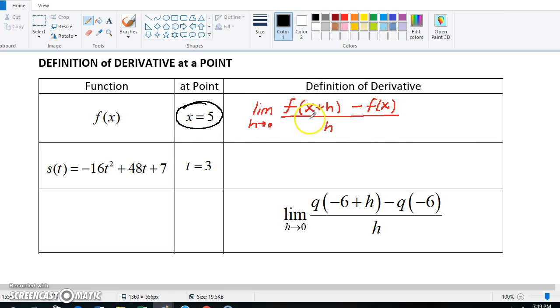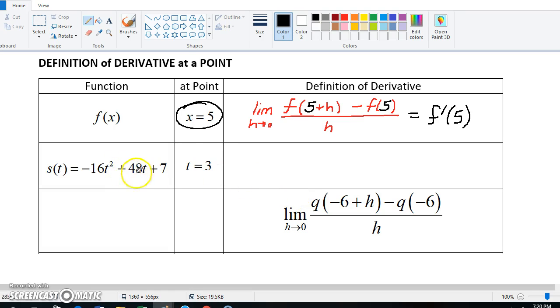So what's going to change about this story? We're not going to have an x in there this time. We're going to have, actually, the x value of 5. Okay? All right, if we could evaluate this, this would give us the derivative of the function at the x value 5.